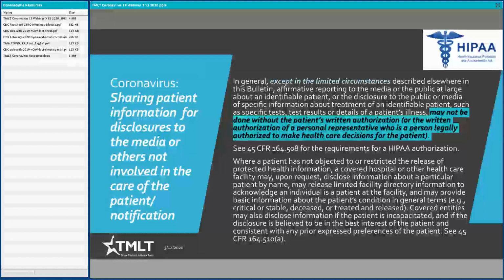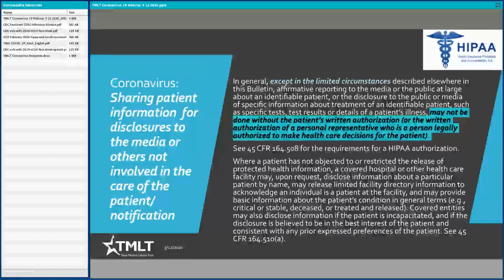When it comes to sharing information or making disclosures to the media, you really need to do that only with the patient's written authorization.